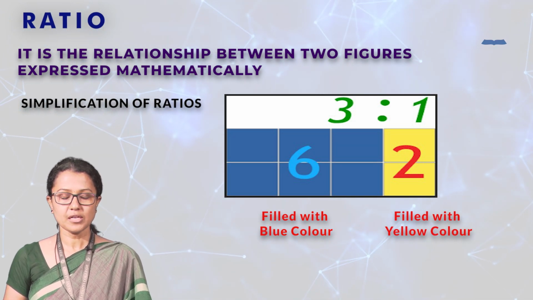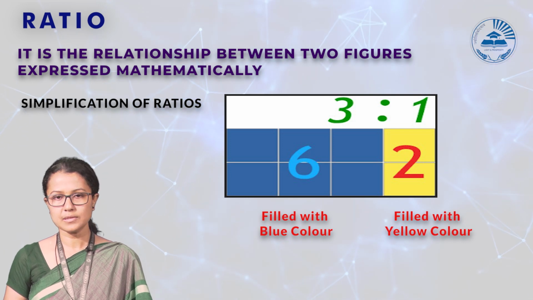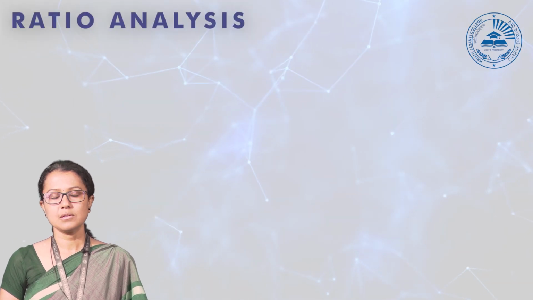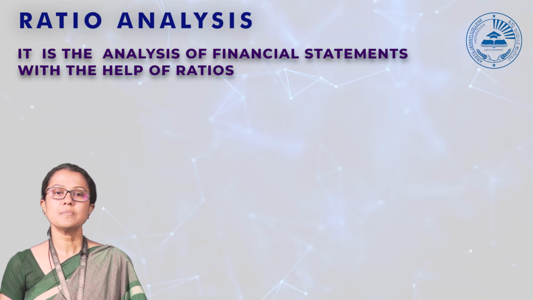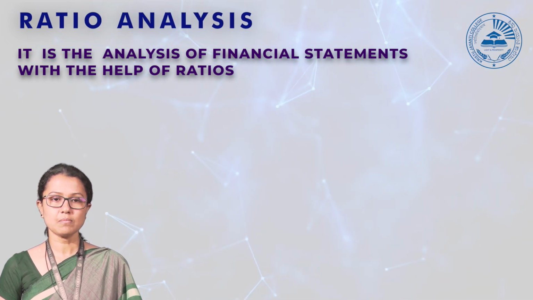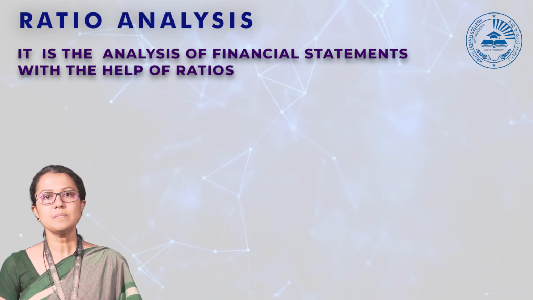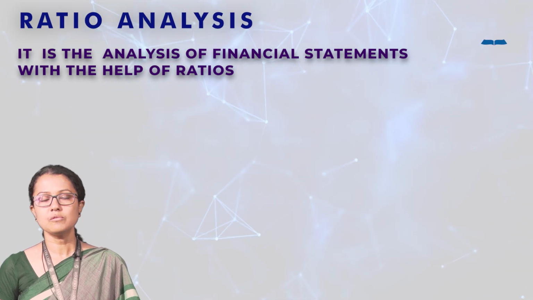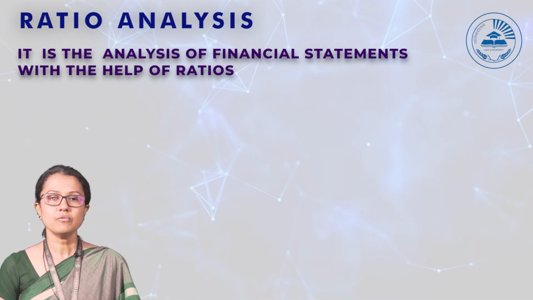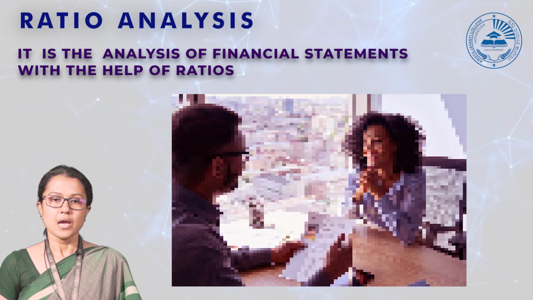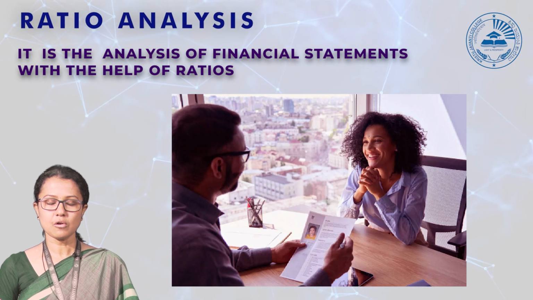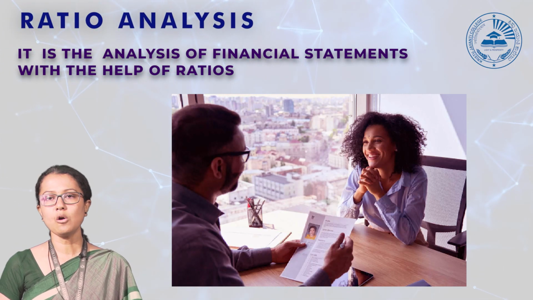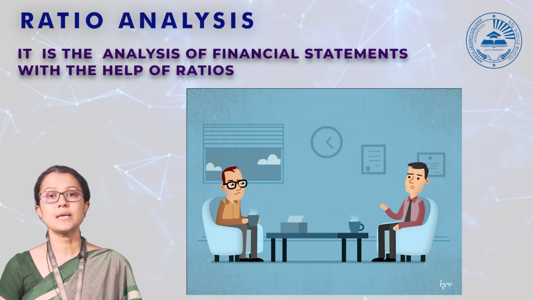So this is the basic method of framing ratios, and now we are going to see how it is applicable in the commerce stream and what a real ratio analysis is. In commerce we have different types of financial statements, for example the balance sheet and the income statement or profit and loss account. They give you different types of data, and you can analyze it to identify the profitability of a company or how well the company is utilizing its assets.